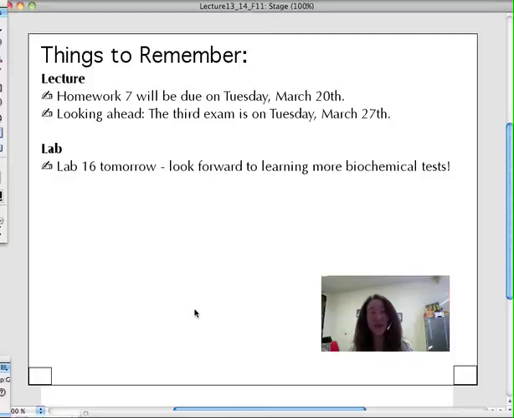However, looking even further ahead than that, the week after spring break is going to be your third exam, and that's the exam for which you're going to want to have your stunning metabolism poster all done and ready to go, and hopefully ready to be an amazing resource for you. Remember that you can also include on that poster all of this information about gene expression.